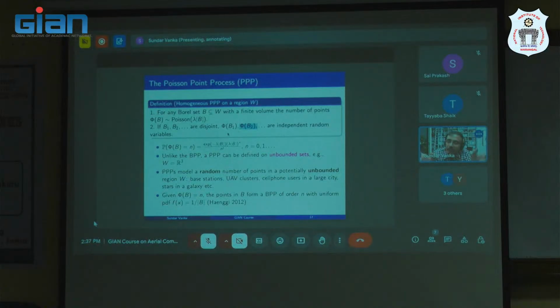In the same way, the number of points within two disjoint regions of space are independent of each other. It's an exact analogy. Because we assumed it's a Poisson distribution, the probability that the number of points in B is exactly n is given by the standard Poisson distribution formula.